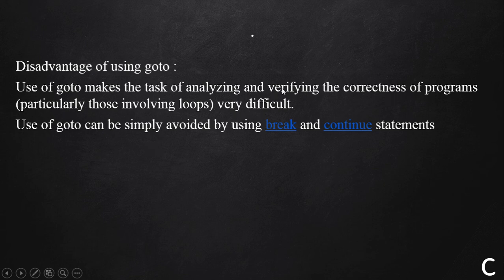Usually if the goto comes with looping statements, we are going to learn about looping statements later, then analyzing the program becomes very difficult. That means it becomes very difficult to analyze the control of program execution.